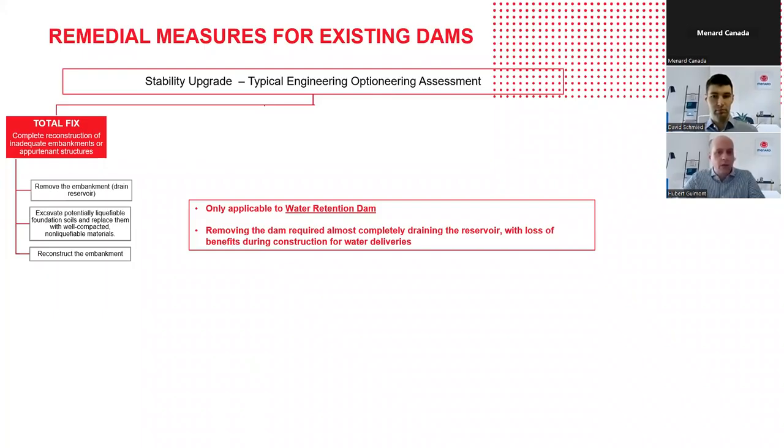In most tailings facilities, this is not possible. That would be mostly applicable only for water retention dams. Of course, here you're just excavating and rebuilding, so you build new from scratch.